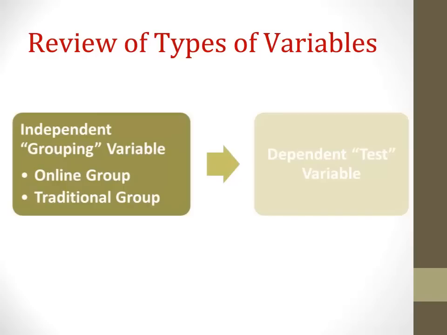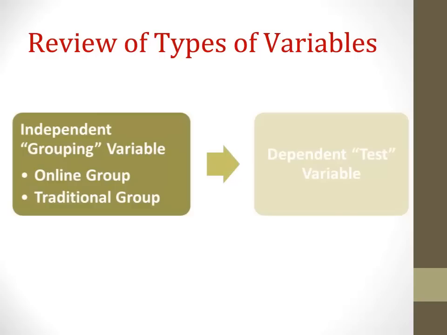So here we see the independent variable, that which is manipulated or that which was previously manipulated, type of course. It would have two levels or two groupings, and just as an FYI, levels is just another word that we often use for grouping or groups in research.